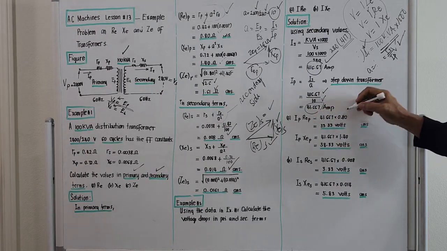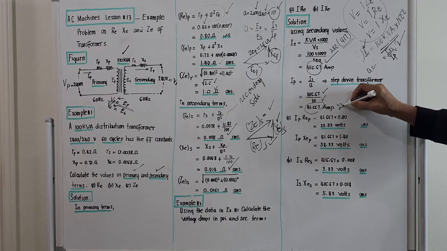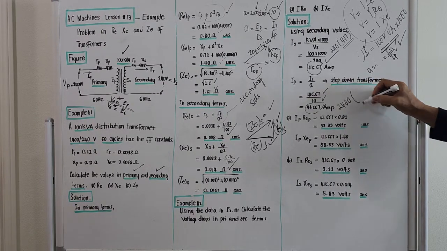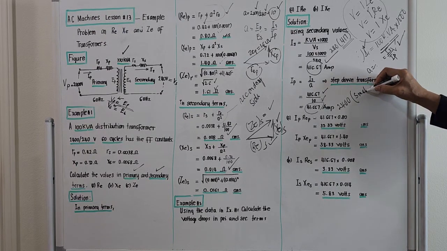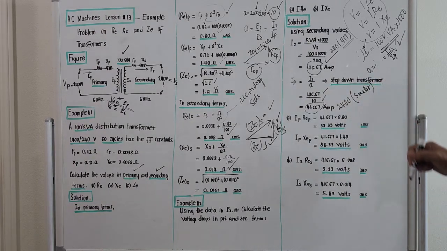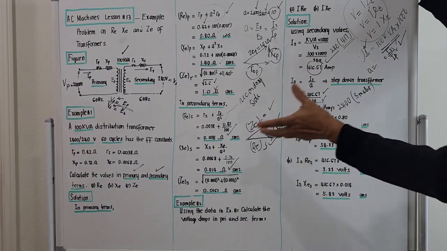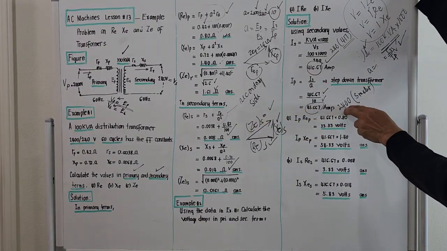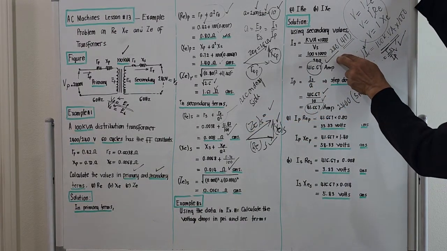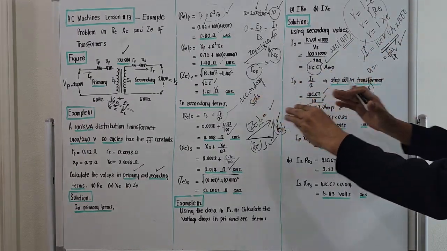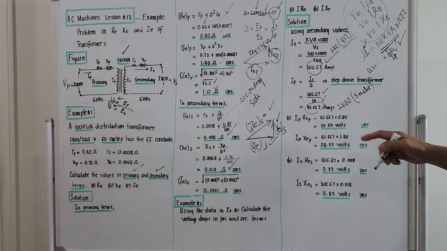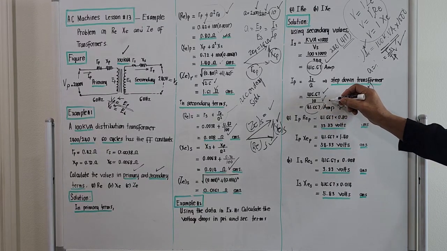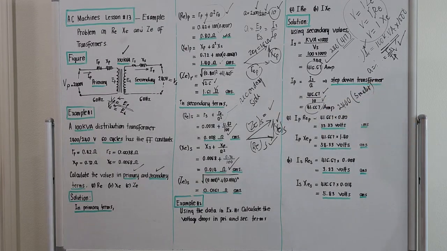Why is it smaller? Because the voltage on the primary side is 2400, so the current is supposed to be smaller. So you see the difference? High voltage, smaller current; low voltage, high current, for them to be equal. So we now know the current on the primary side to be 41.667 amperes.